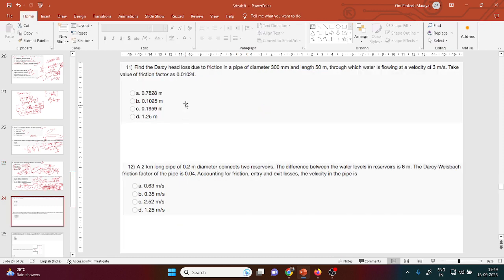Now question number 11: find Darcy's head loss due to the friction of a pipe of this diameter and this length, through which water is flowing at a velocity of 3 meter per second.